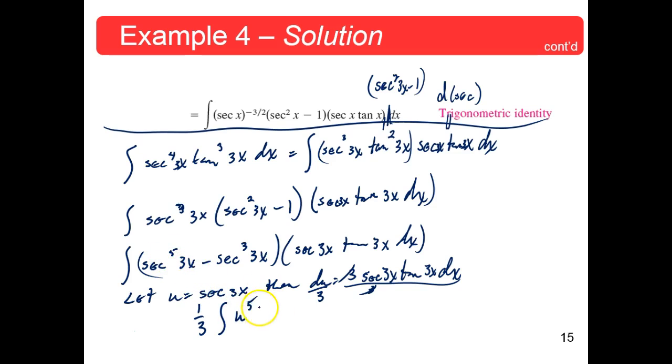U to the fifth minus u cubed times du. It would have been du over 3, but we pulled the 1/3 out. Okay? And I think even I could do this one. What would that be? Okay. Ah, Catherine's here.